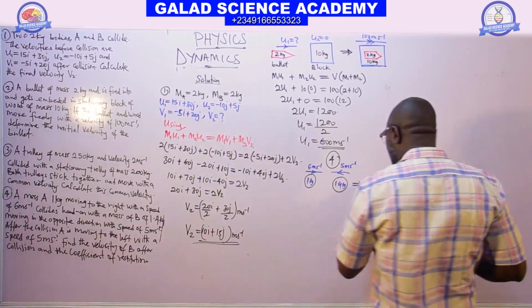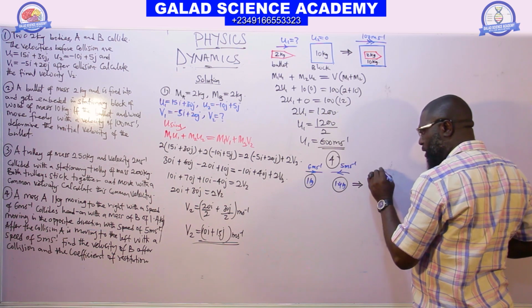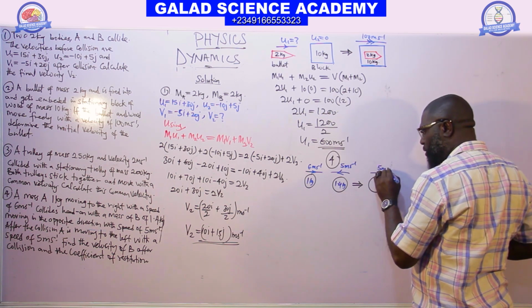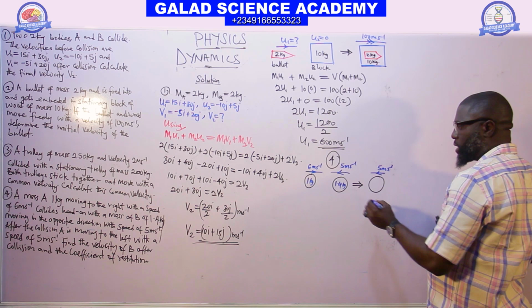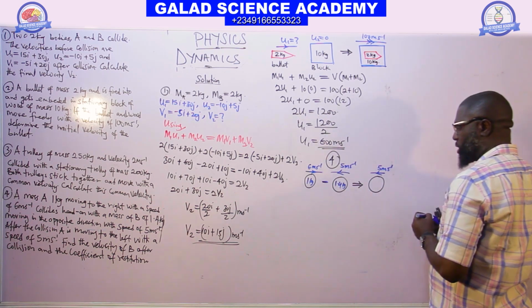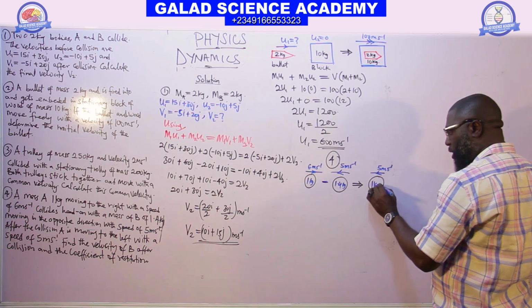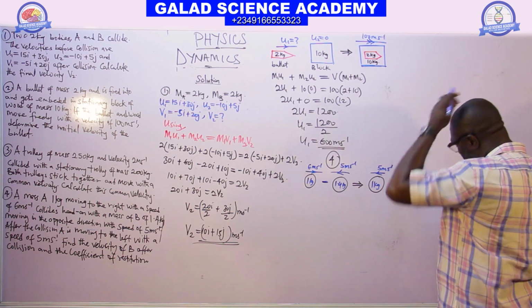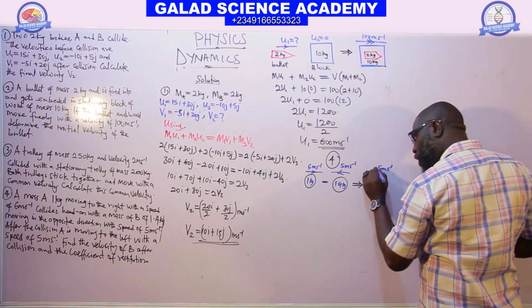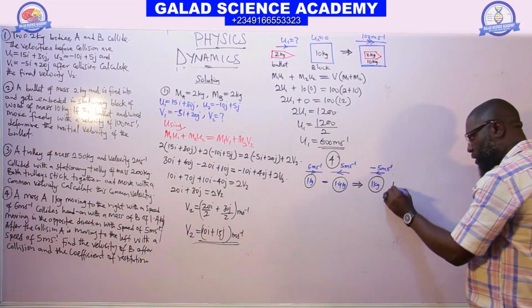So A is moving like this with 5 meter per second. If they move like this now, the sign here is minus. And this here is still 1 kg.